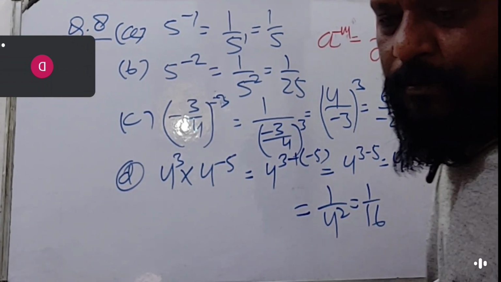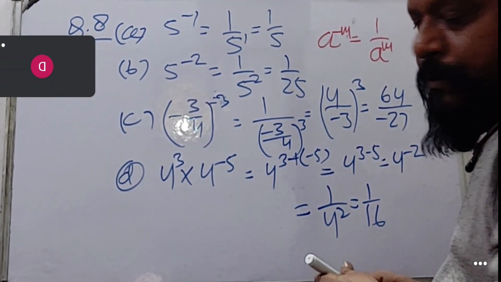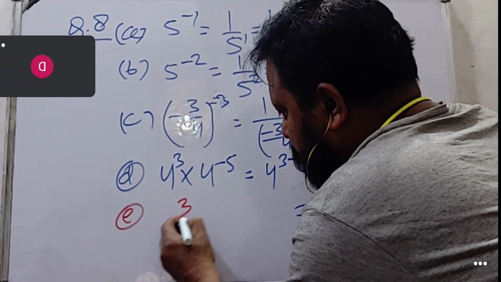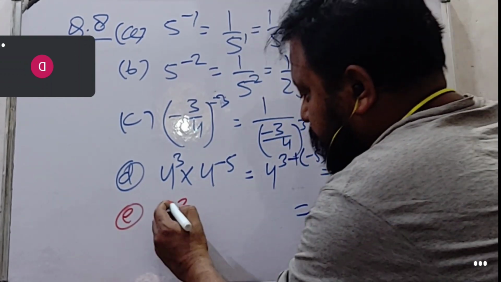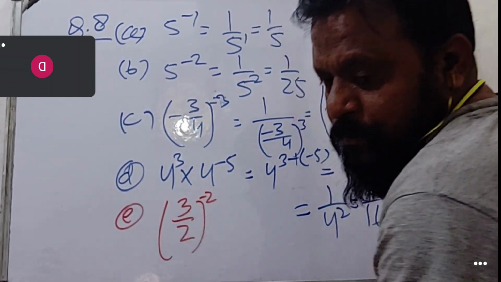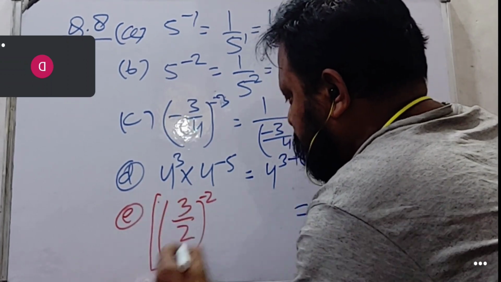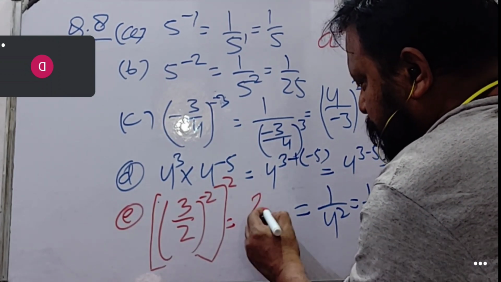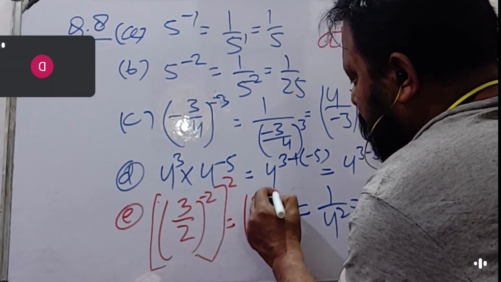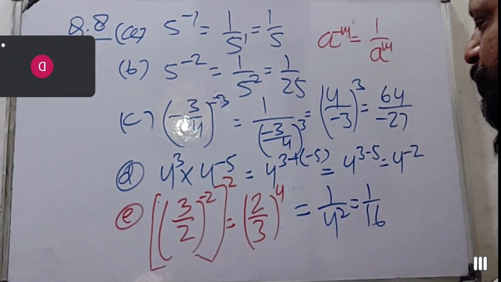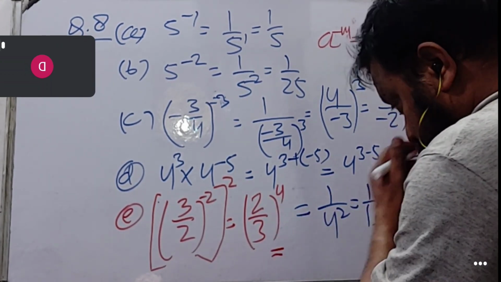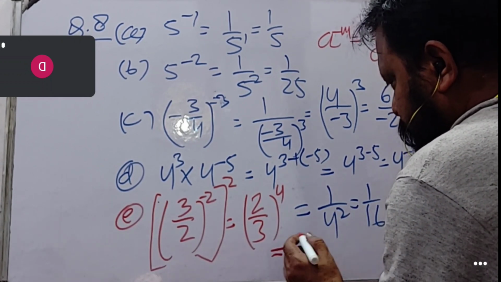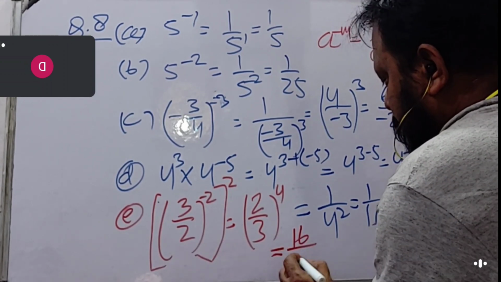Okay. So now the last question of this, that is E: 3 upon 2 raised to the power minus 2 whole power 2 will be 2 upon 3 whole power 4, right? So it becomes 2 to the power 4 is 16 upon 3 to the power 4 is 81.